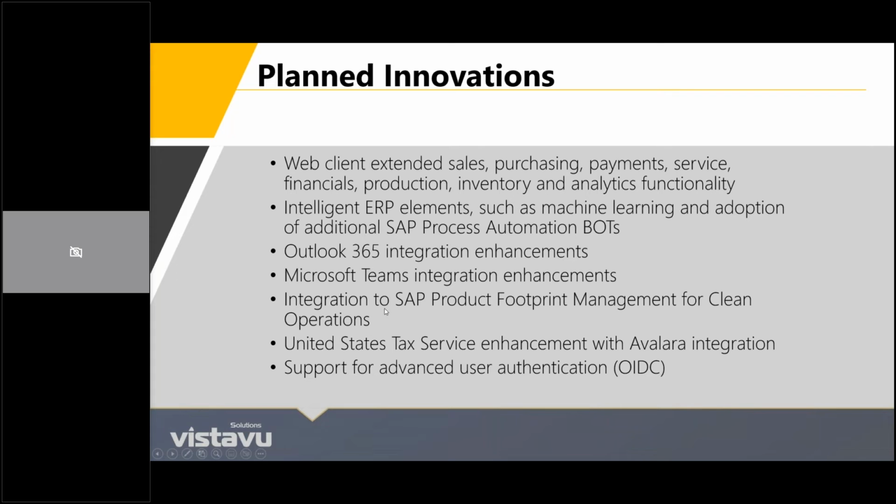So this first one, SAP has created a product called the Footprint Management for Clean Operations. This is an SAP product that's shared across all of the ERP platforms, but it's designed to help you track your compliance with carbon emissions.